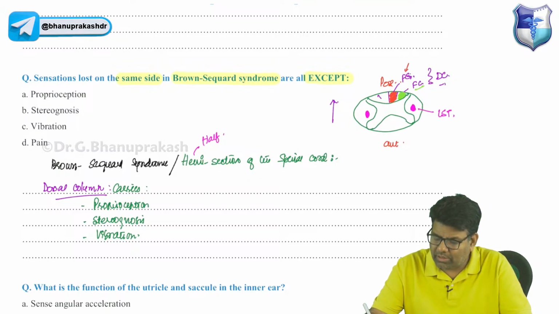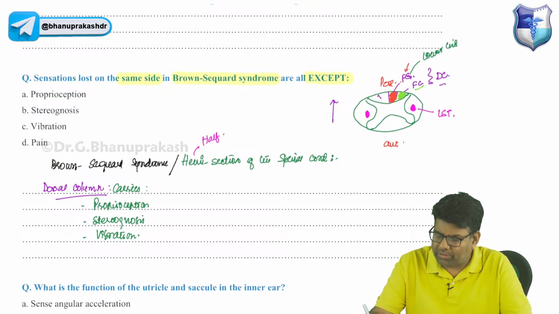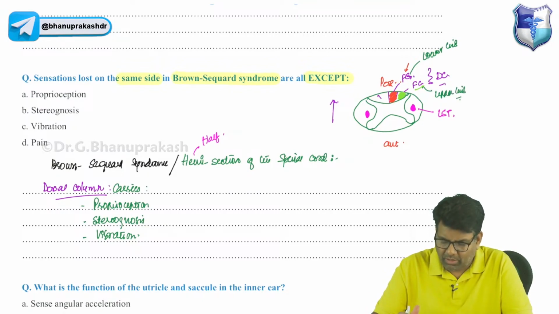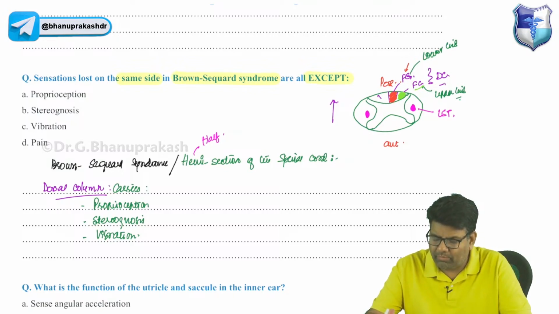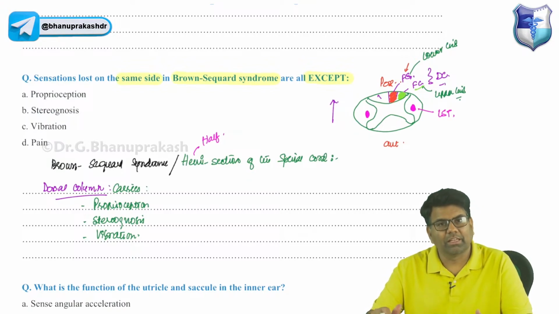Fasciculus gracilis is for the lower limb and fasciculus cuneatus is for the upper limb. Clear? It means the proprioception, stereognosis or vibration from the lower limb will be carried by fasciculus gracilis, and from the upper limb by fasciculus cuneatus.